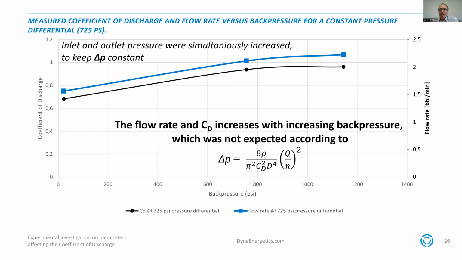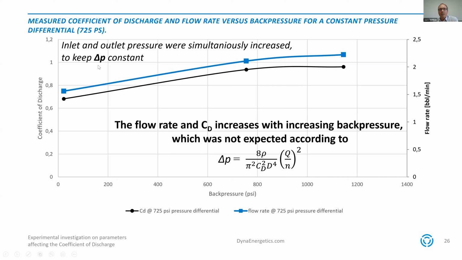What that means, we wanted to illustrate on this slide in another way to display the data. Again, we plotted the flow rate, this time for a constant pressure difference for different back pressures. So we always kept the difference between the inlet and the outlet pressure constant and simultaneously increased both pressures so that DP was always the same, but the back pressure was getting higher.